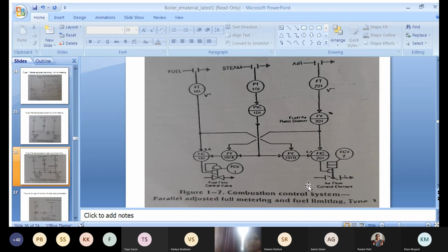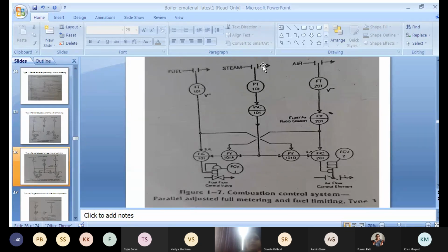Please listen carefully. We studied normal type 2, let us first look at that, and then what addition has been made. In type 2, what did we study? This is the fuel supply line, this is the air supply line, both lines are measured with the help of a flow transmitter. The signal is given to FIC10, taking this process value of the fuel and air line.